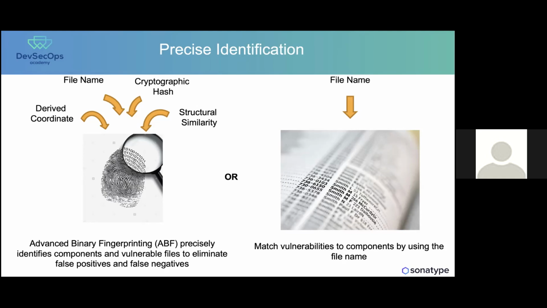So that gives us a problem, because if we look at an example, if we take Spring Framework, it has about 40 files or so within it. Now, if you're only using one file from the Spring Framework, that may or may not have the vulnerability that has been highlighted. If you're just saying Spring Framework has 50 vulnerabilities, any of those files may be vulnerable, or none of them may be vulnerable, or one of them may be vulnerable.